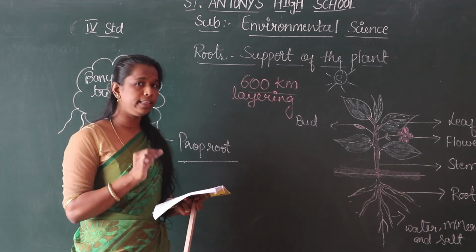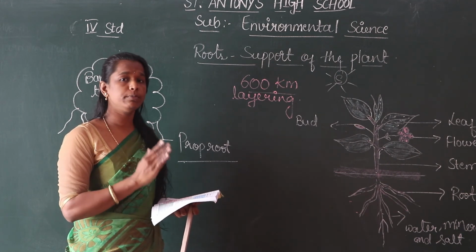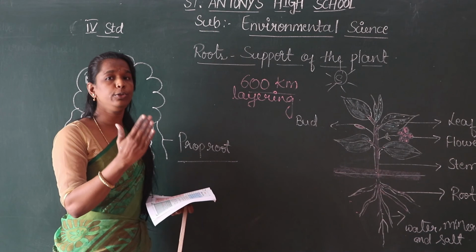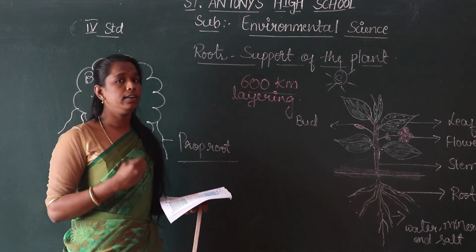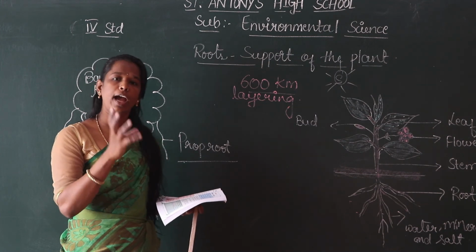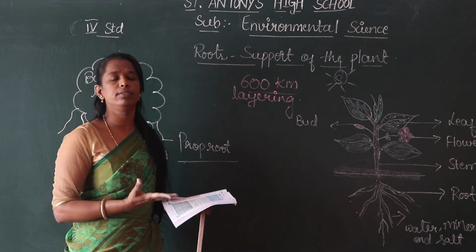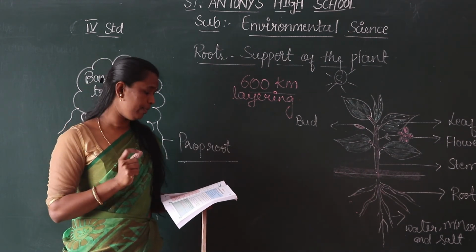You have to write the names of the roots in the roots column, and on the other side you have to write the uses of the roots. Okay children, so I will explain to you now. You have to collect the names of the roots, and write what the uses are in the next uses column. Okay children.